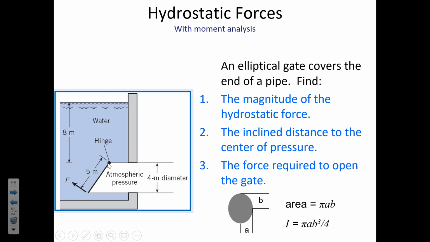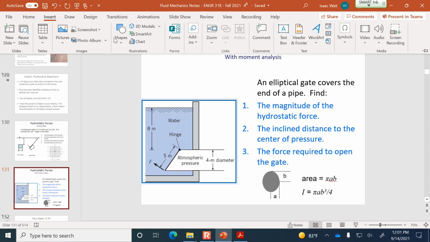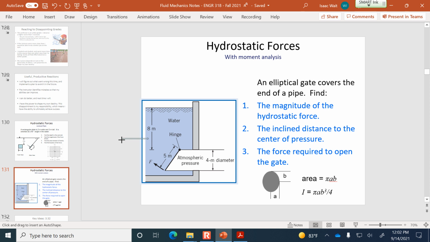But let me pause for a second and let you have some time to think and start to calculate how you would find the hydrostatic force. It's not pictured, but the hydrostatic force, let me just sketch it out here in PowerPoint. There's this force that's acting on it.